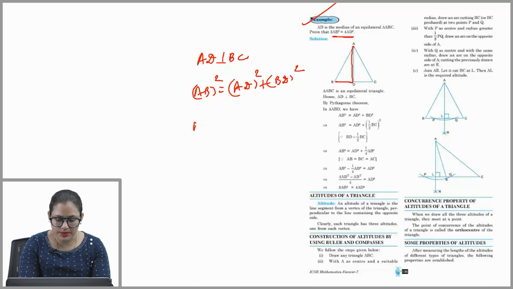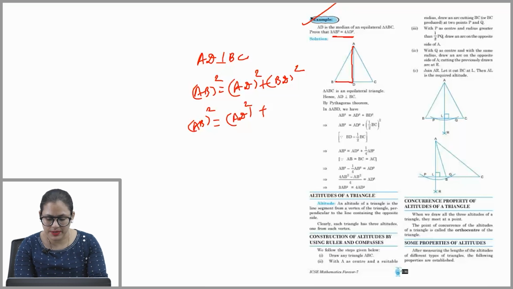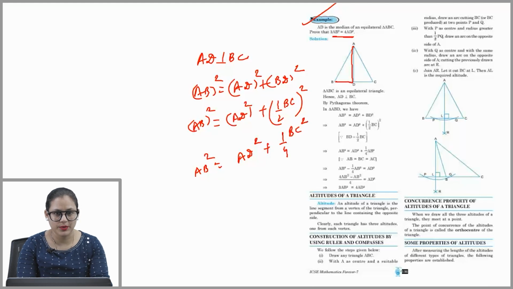Now, BD is half of BC, so we write AB square is equal to AD square plus half BC square, which is AD square plus 1 by 4 BC square.